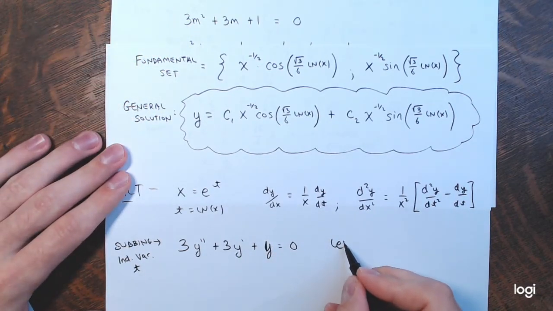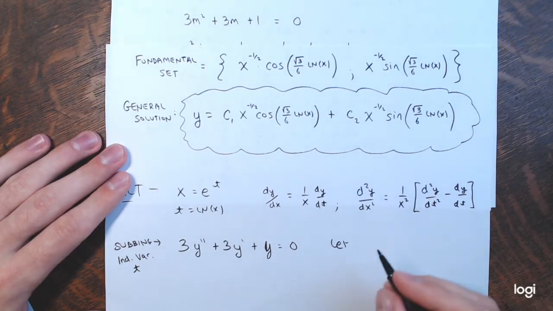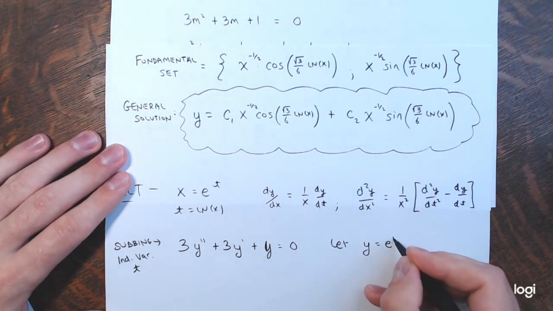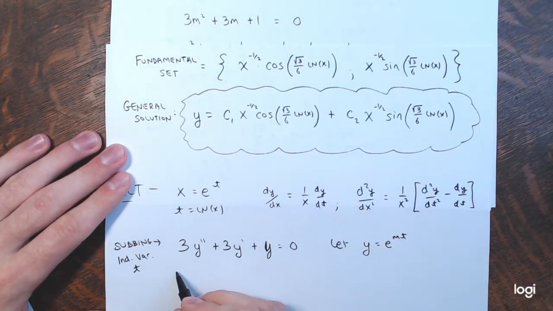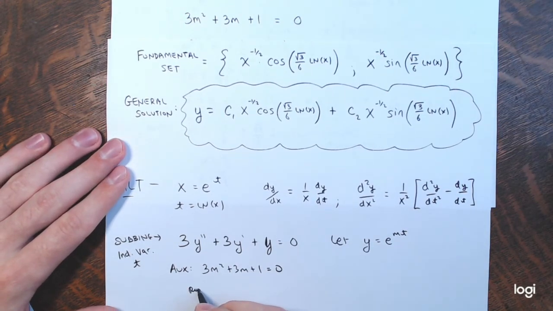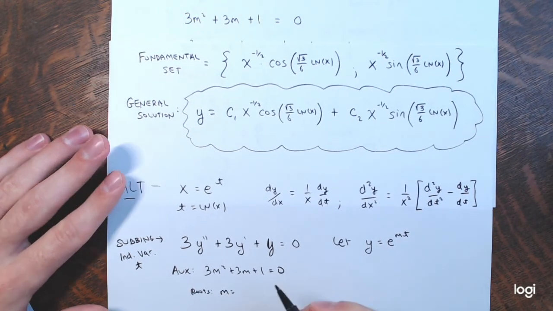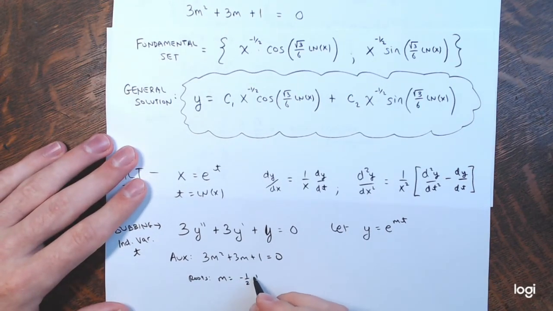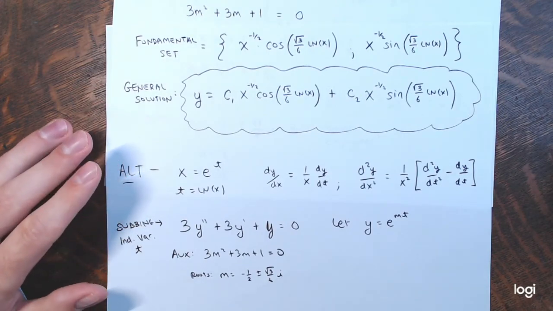And then I have now an equation with constant coefficients, so we let y equal e to the mt, get the same auxiliary equation, 3m squared plus 3m plus 1 equals 0. The roots are m equals negative half plus or minus the square root of 3 over 6 times i. It's the same root, same auxiliary equation here.